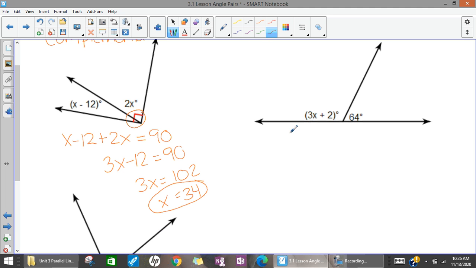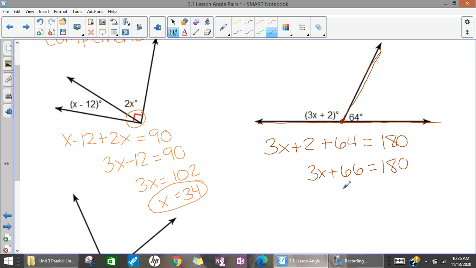Similar thing here. This is a linear pair. I have adjacent angles that share a side and a vertex and make a straight line. So these things should add to 180. So 3x plus 2 plus 64 equals 180. I can combine the 2 and 64. I'm going to subtract 66.